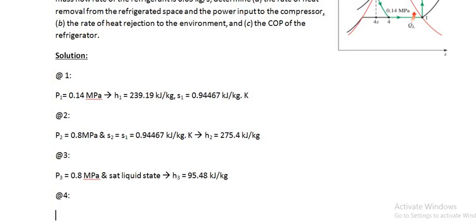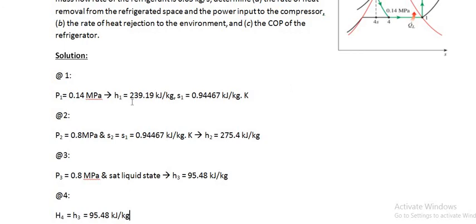Next up, state 4. At state 4, as I said earlier, in the throttling process the enthalpy remains constant, so that means H4 is equal to H3, which is equal to 95.48 kilojoule per kg.